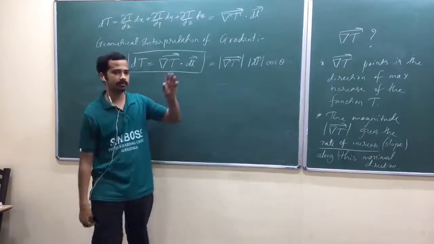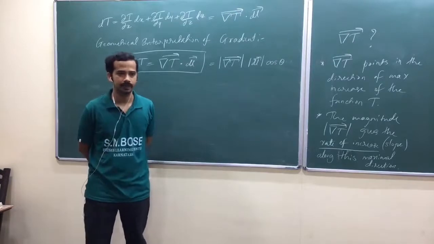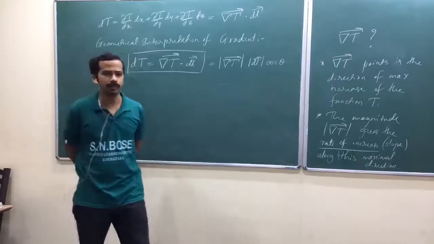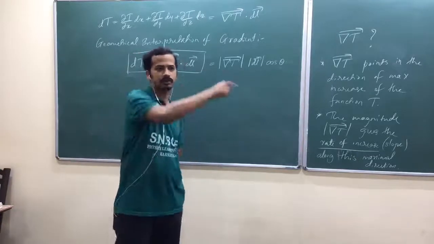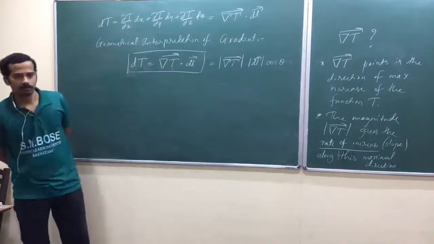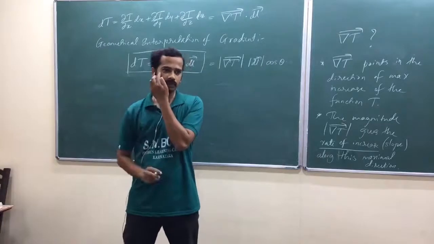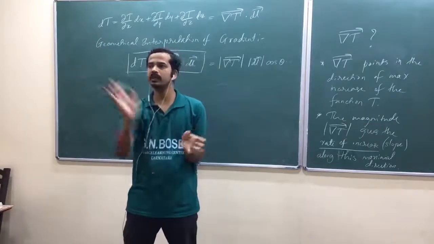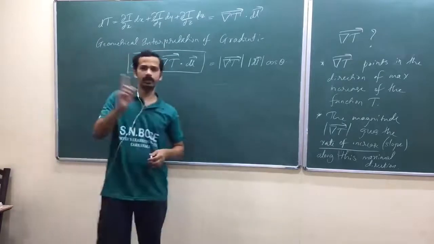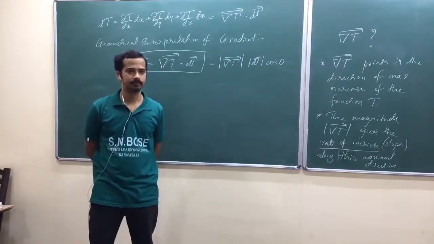Now let me assume that I am going to put a fire in one corner of this room. When you move away from that fire, your temperature is obviously decreasing, and when you move towards that fire, your temperature will increase, isn't it? Now, moving outward from that fire, your temperature will decrease. So while moving in space, you have different directions, am I right? When you move in one particular direction, the change in temperature will be maximum.